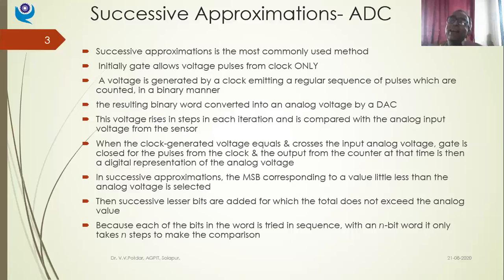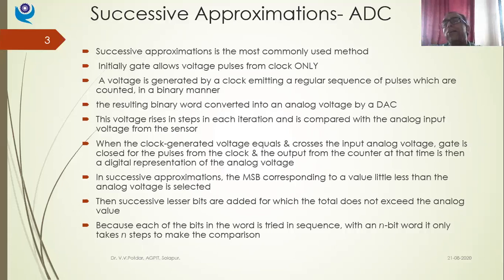So 9 volts will be achieved by 8 plus 0 plus 0 plus 1. The binary number corresponding to that is 1001. This signal I'll generate through a clock, and that binary number will be converted by my D2A converter into an analog signal.